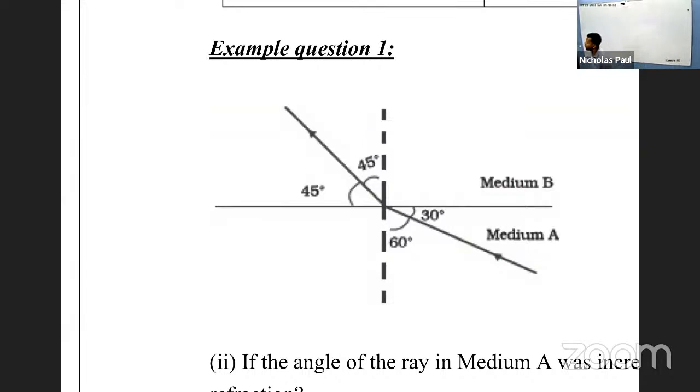The ray is going from medium A to medium B. Work out the refractive index there and label it properly.